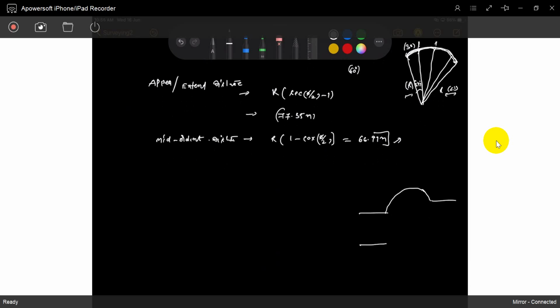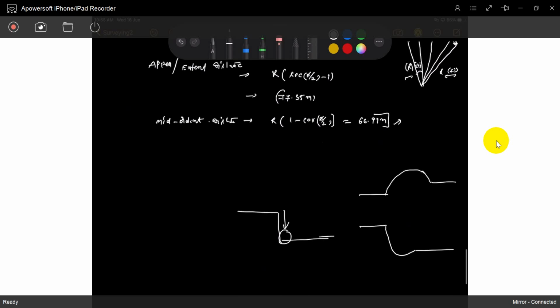If you don't take a curve directly, it's a fall down. If you have to fix a free, smooth flow, that's why a parabolic curve is required.